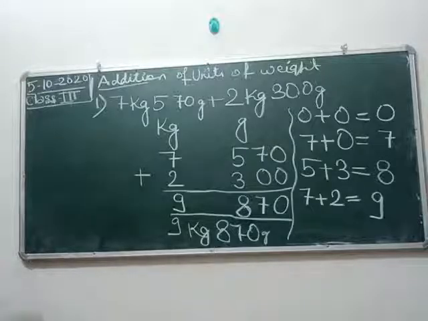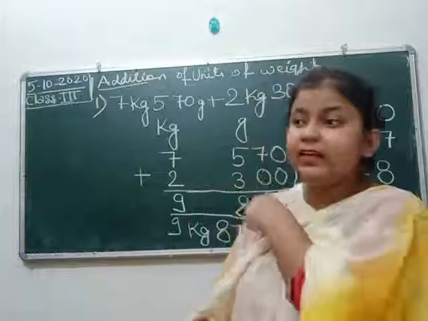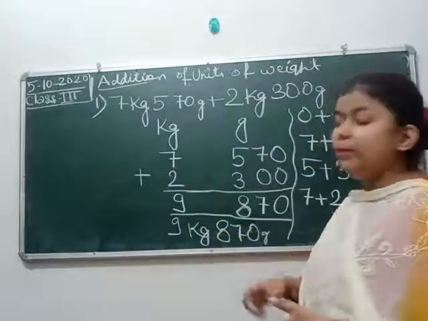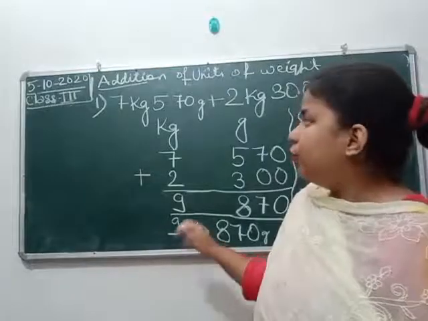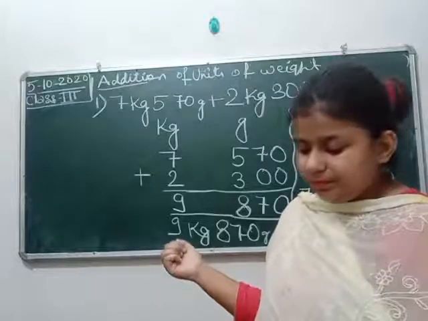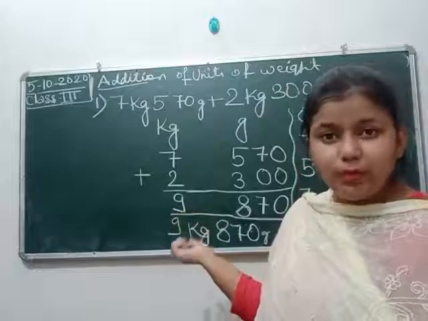Okay. Now kids, though I have already explained how we can convert units of weight, that means how you can convert from kg to gram, based on this answer I am going to show the conversion again. Let us revise how we can convert kg to gram.